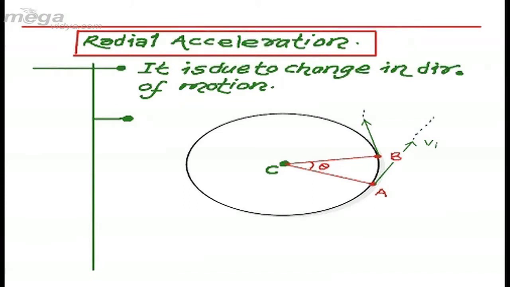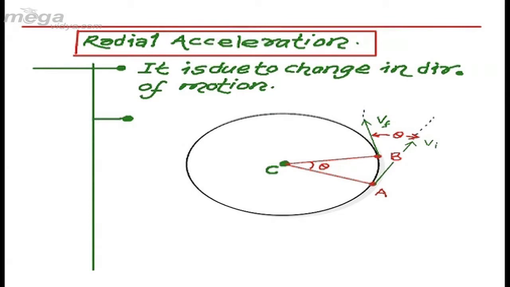If this angle is theta, then obviously this angle will also be theta, because these two tangential lines are perpendicular to lines CA and CB, so the angle between CA and CB will be the same as the angle between the normals to these two lines. So this is theta, this is also theta. Our main aim is to find the change in velocity per unit time.